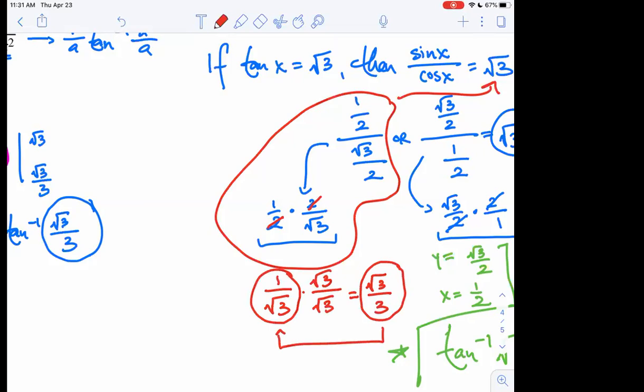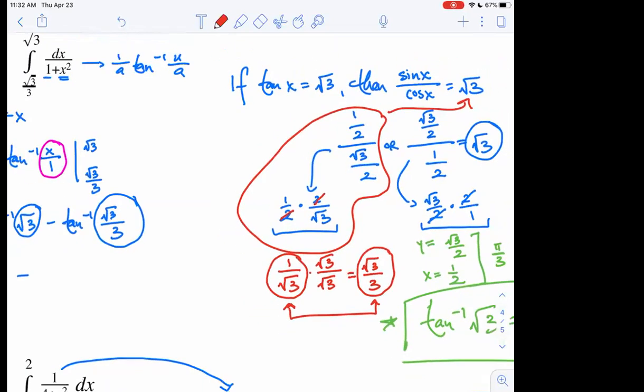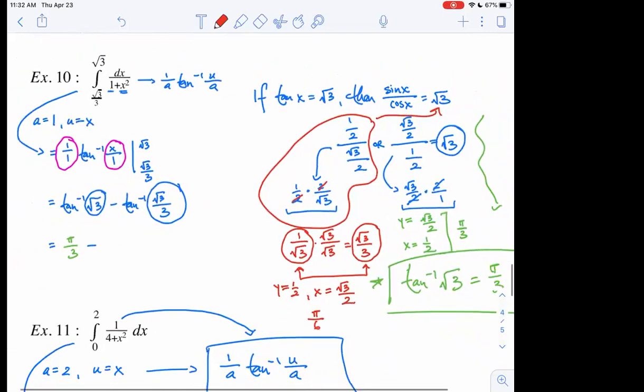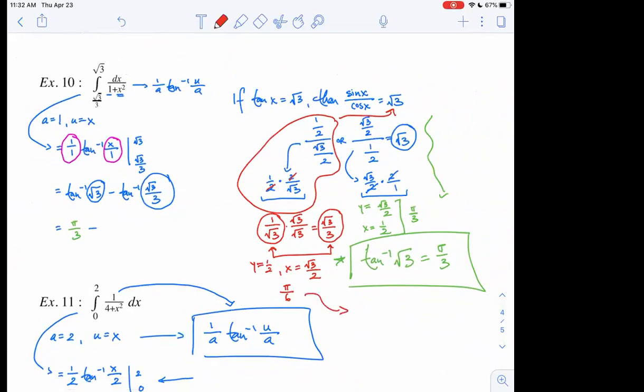Those are not different quantities. They are the same. And the angle where I have a y value of 1/2 and an x value of root 3 over 2, that angle is pi over 6, okay? So let me write that down here.